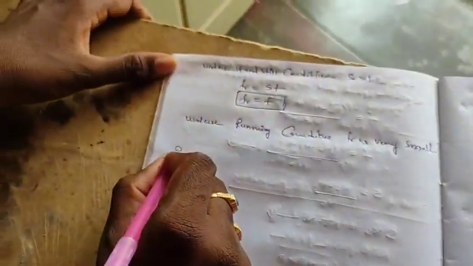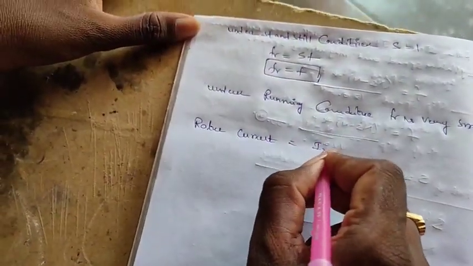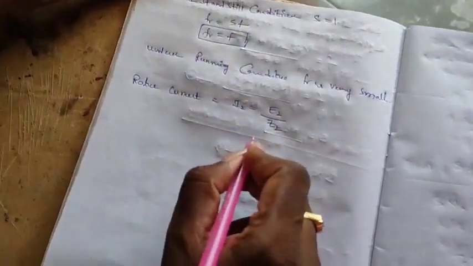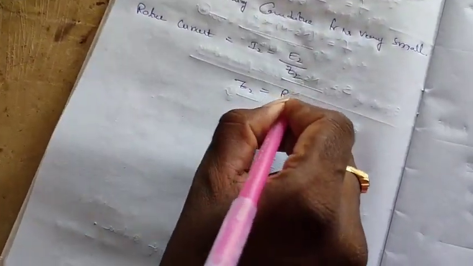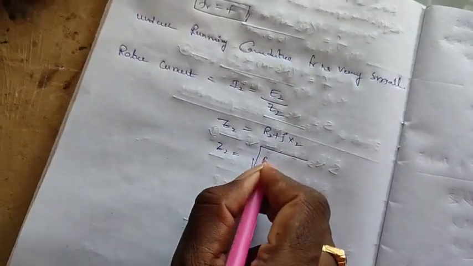So next, rotor current. Rotor current is equal to E2 by Z2. That is Z equal to R2 plus jX2. So the magnitude Z2 equal to square root of R2 square plus X2 square. The rotor current I2 equal to induced EMF divided by square root of R2 square plus X2 square.